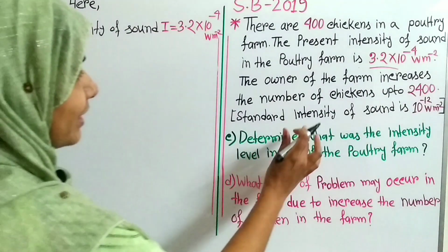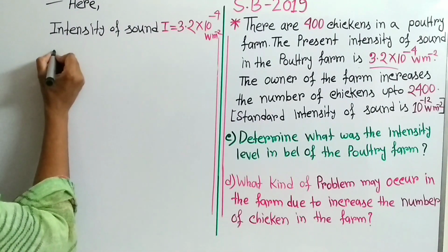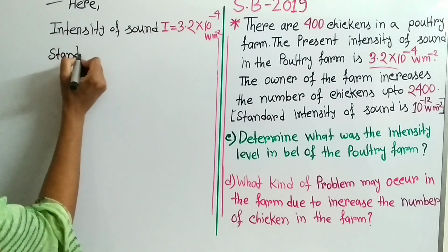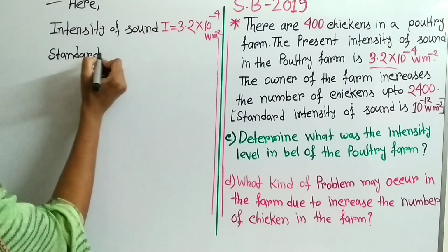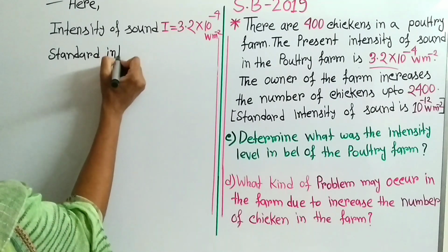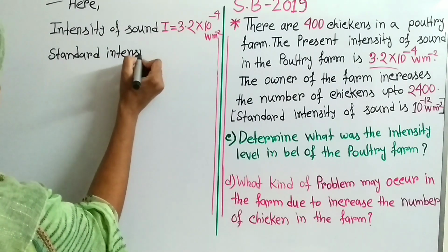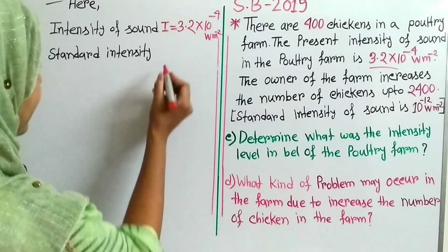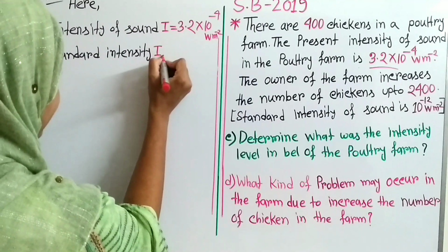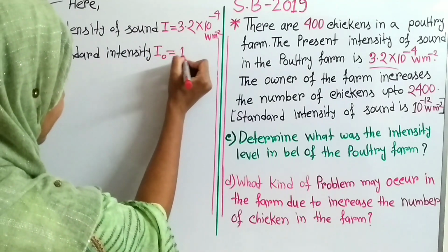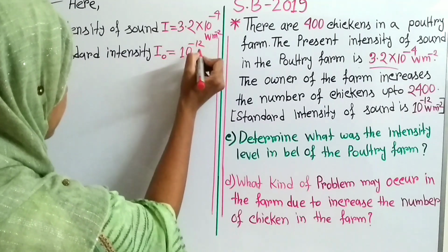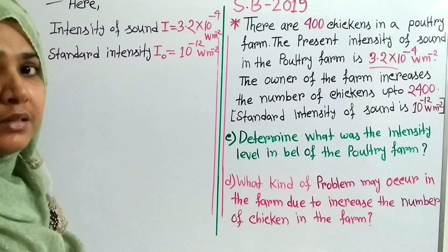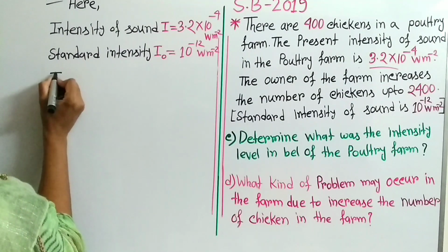Now the standard intensity of sound, that is denoted by I naught, and the value of standard intensity is 10 inverse 12 watt per meter square, and we have to calculate the intensity level.